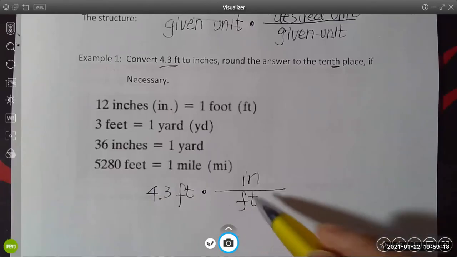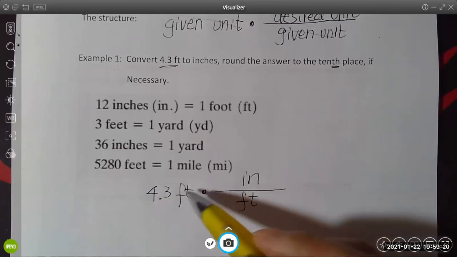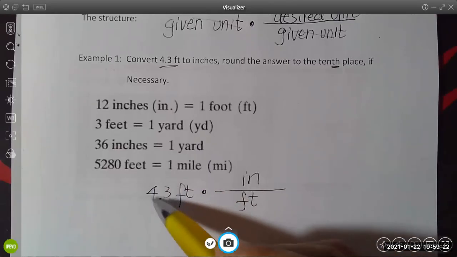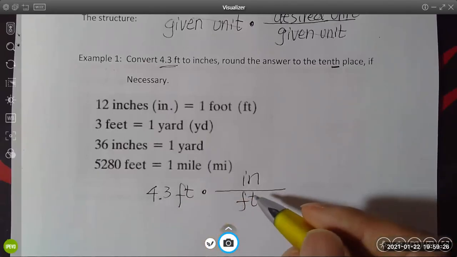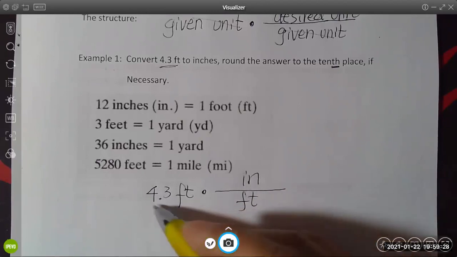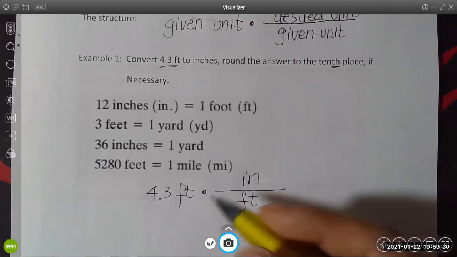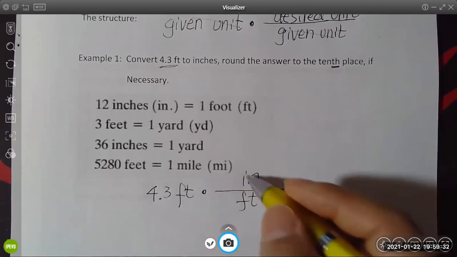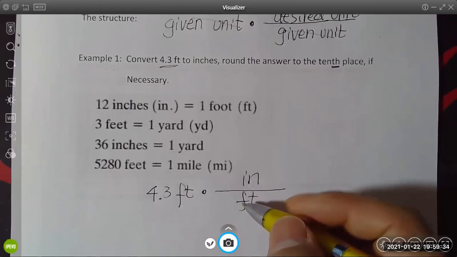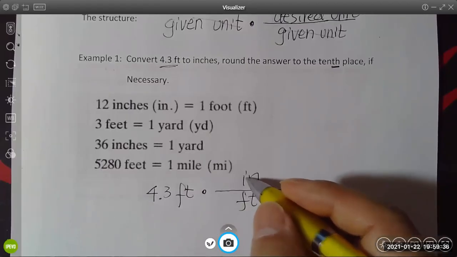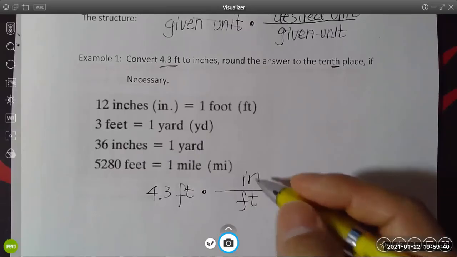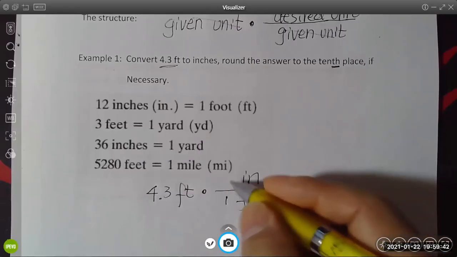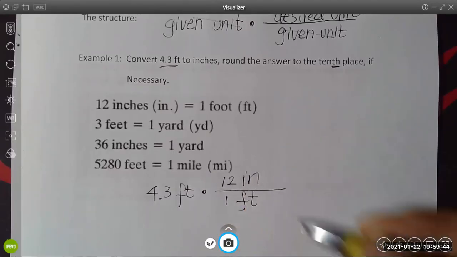Now you can see, regardless of the numbers given, even if you're given a different number, you still have the same structure. So structure is important. Structure remains the same. Number can be any number. Now after you have this structure correctly set up, you need to relate these two units together using something that is factual. In this case, 1 foot equals 12 inches.